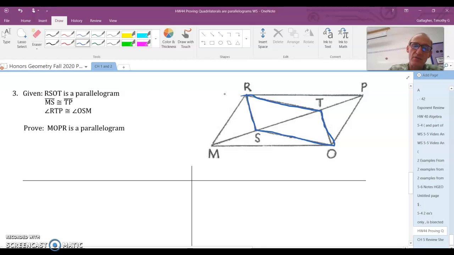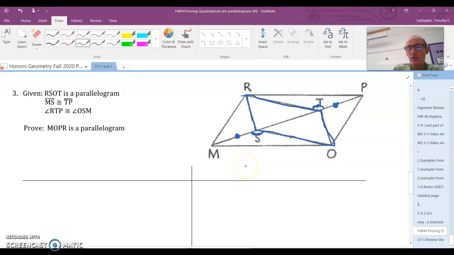Now, we also have MS congruent to TP. All right? Now, we also have angle RTP, okay, congruent to angle OSM, which is this one right here. Okay?